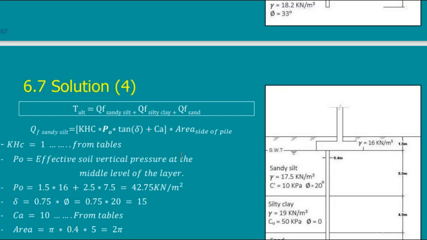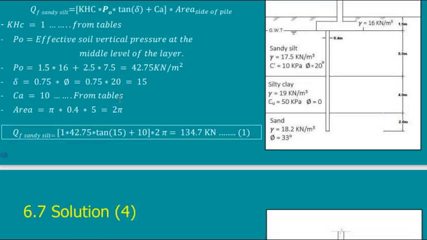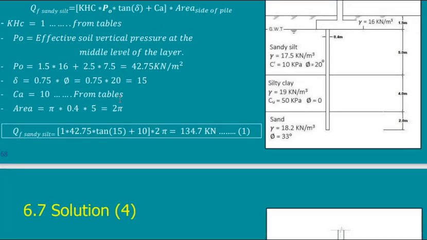To calculate the tension load, as we said, I will use this portion, which is KHC. If I'm calculating the compression load, then I will use KHC. If I am calculating the tension load, then I should use KHT.